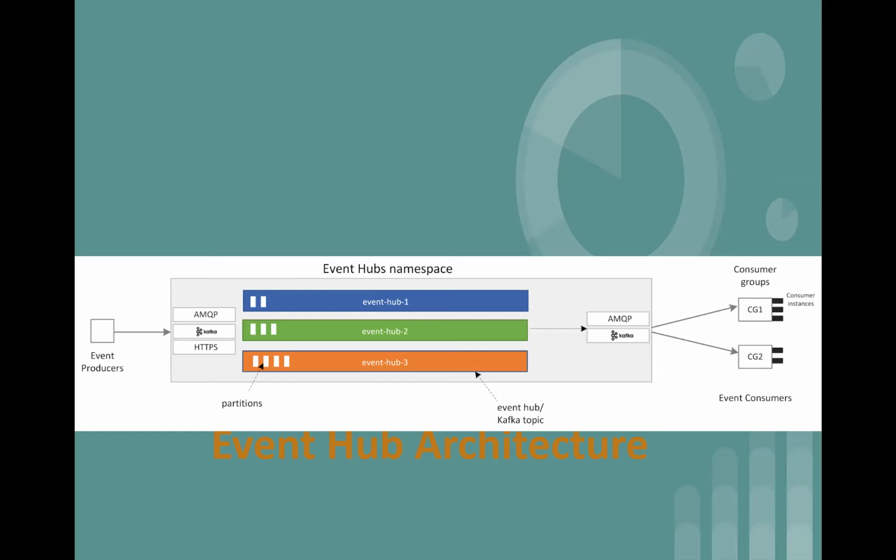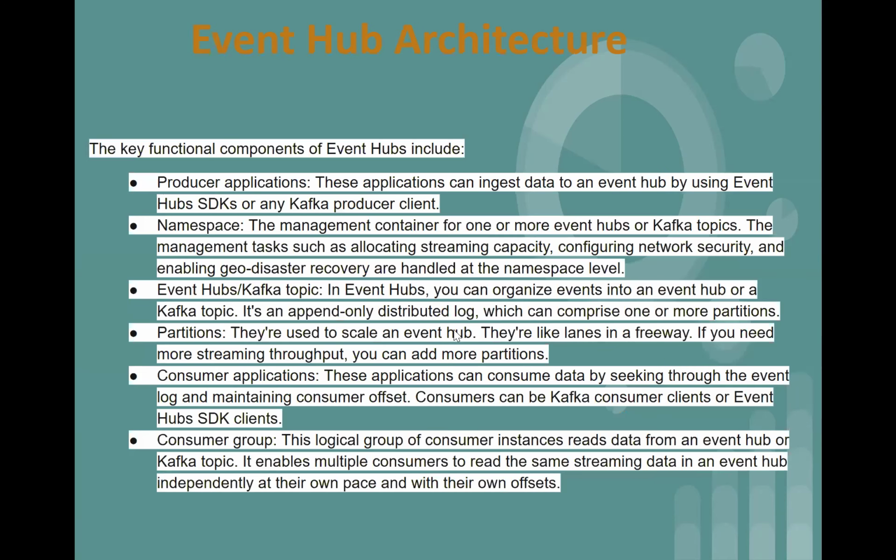Whatever you publish to the topic starts queuing up in the same topic or Event Hub. Of course, within that, it can be multiple partitions. So again, you have 4 racks. You don't know which rack it will go to, but it will still be in the same topic, which can comprise one or more partitions.